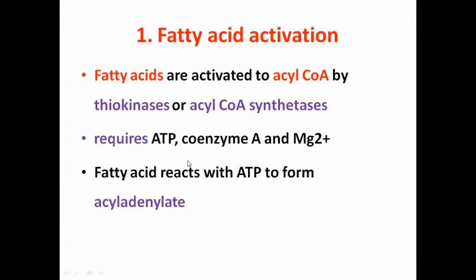Let us see one by one. The first one, fatty acid activation. Fatty acids are activated and converted into acyl coenzyme A by the help of the enzyme thiokinases, or acyl coenzyme A synthetases.